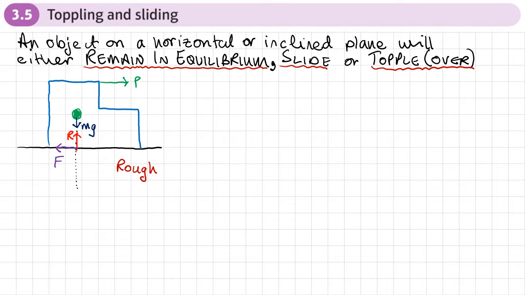Now if it's a rough slope and I've got a coefficient of friction, let's call that coefficient of friction mu, then the maximum frictional force is going to be mu R.